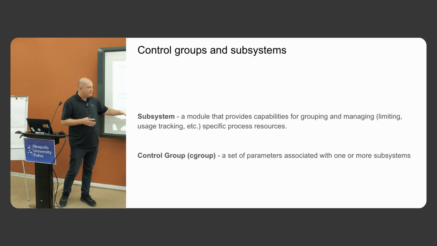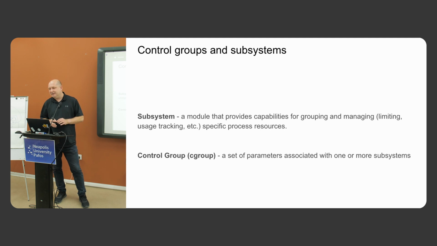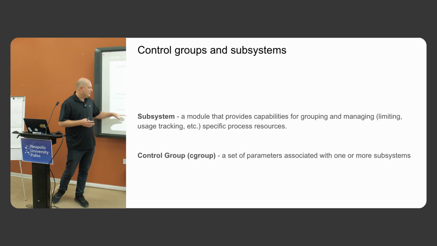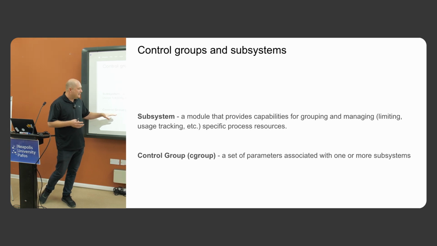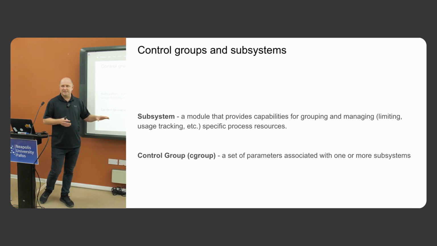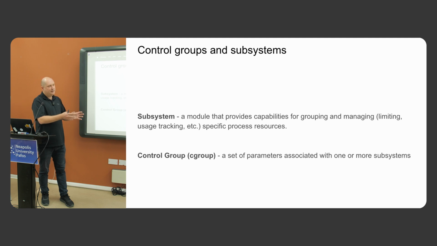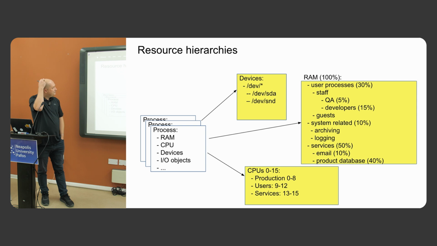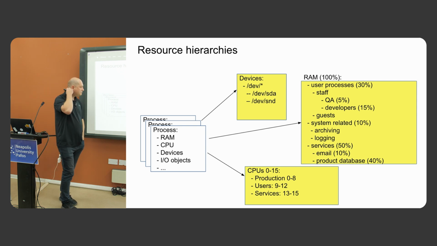And a control group is kind of an interface, but to think simply about this, you can just think that this is a set of parameters associated with some type of resource. For instance, CPU, or memory. How does it look in the system usually?